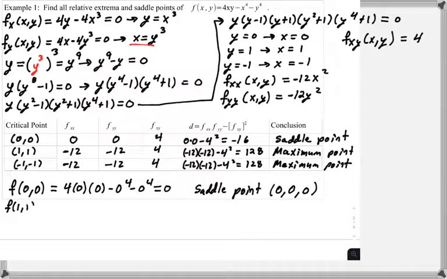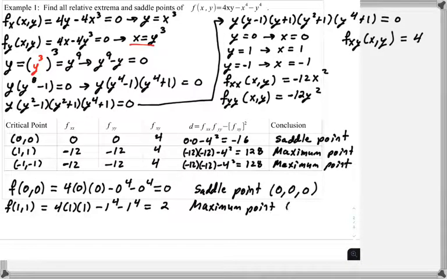Okay, if we want to find the maximum at 1, 1, it's going to be 4 times 1 times 1 minus 1 to the 4th minus 1 to the 4th, so that should be 2. So then we're going to have a maximum point at 1, 1, 2.